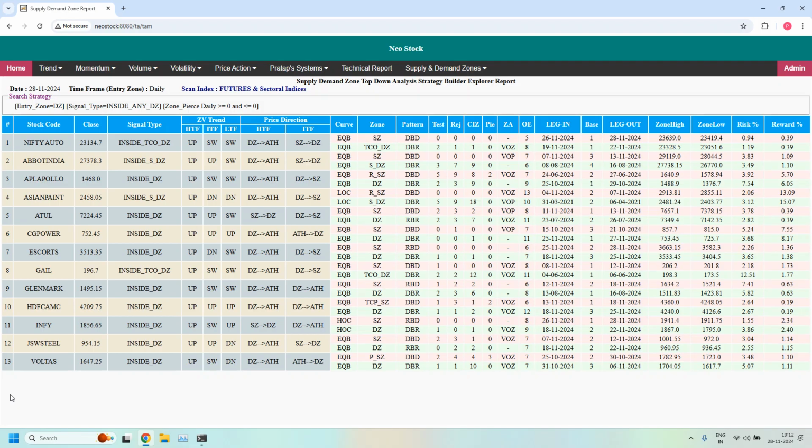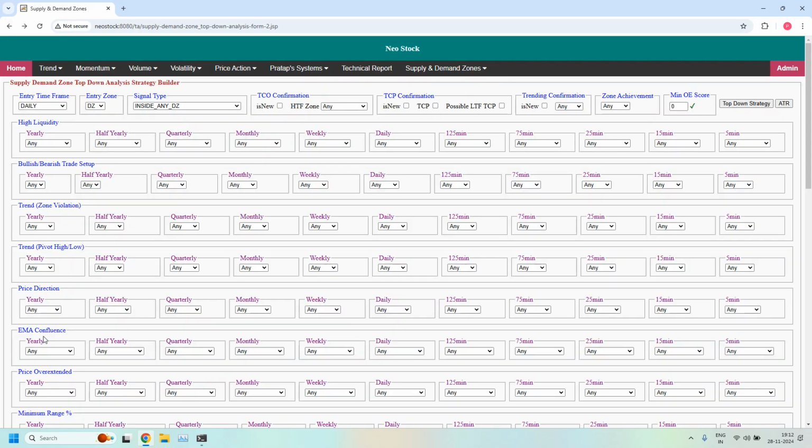Okay, how many of these daily demand zones are having a daily EMA confluence? Let us identify. In the EMA confluence, at a daily time frame, daily demand zones are having daily EMA confluence.